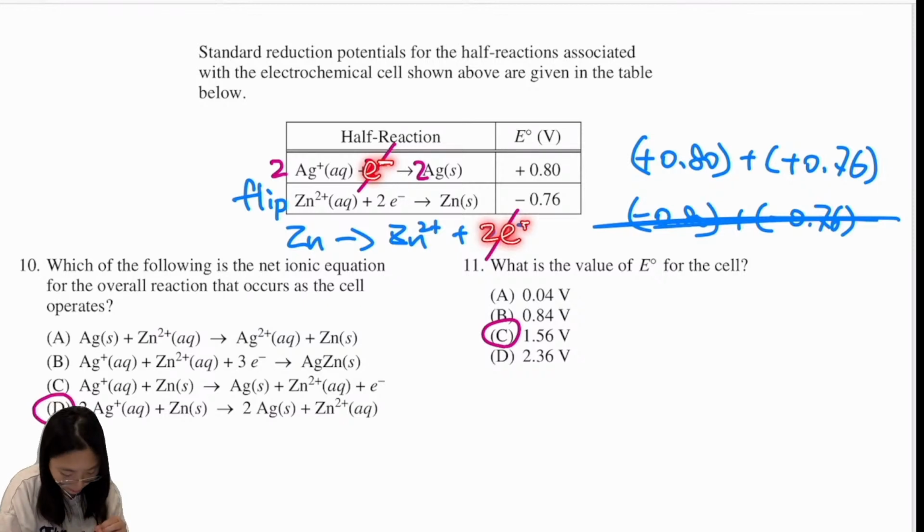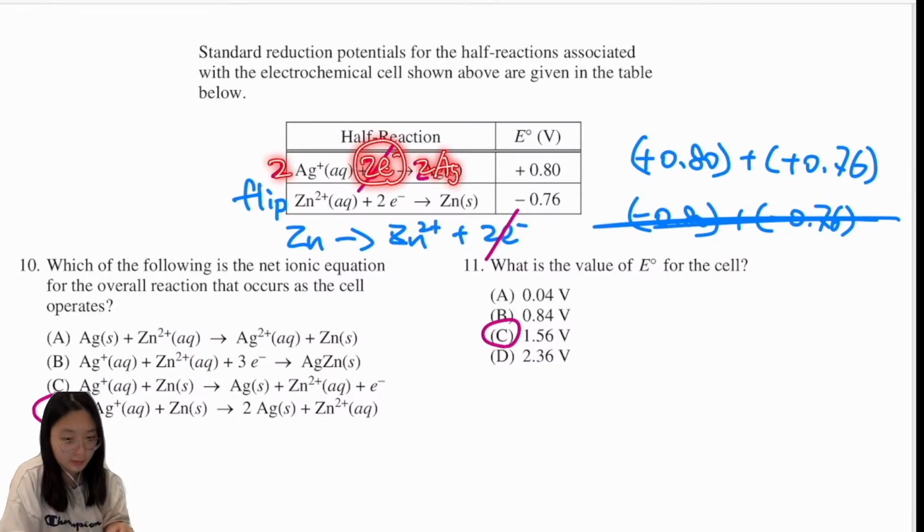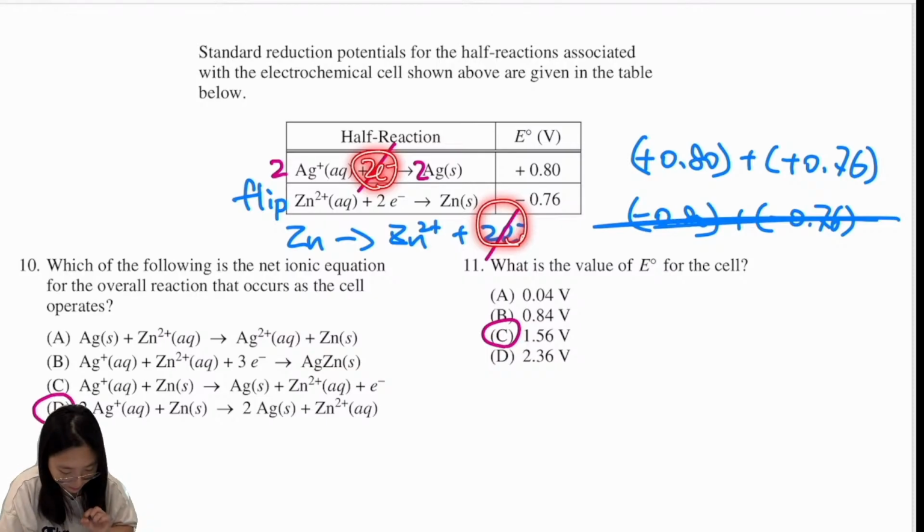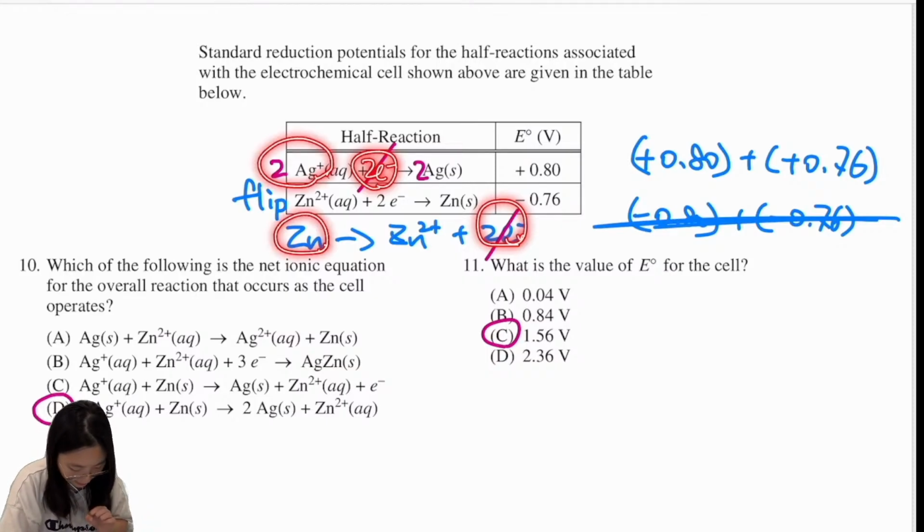So you will have to multiply this by 2. So now I have 2 silver cations and 2 electrons, and then 2 silver atoms as the product. Now the number of electrons match, so I just add them up. So eventually it's 2 silver cations combine with a zinc atom to form 2 silver atoms and a zinc cation.